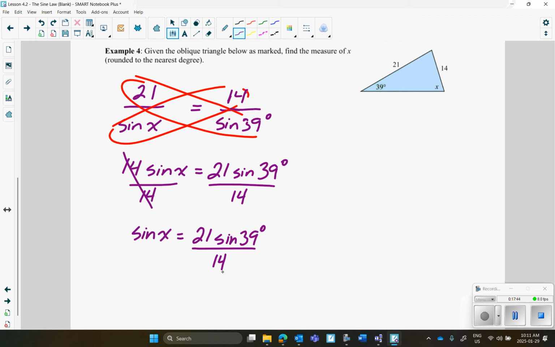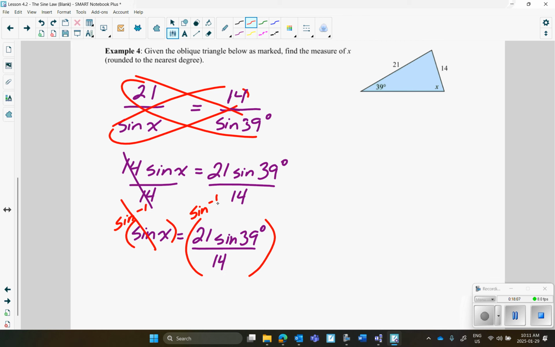How do I get rid of just sine? I'm at my last step. Sine inverse. Which means you've got a sine inverse of this whole side. Again, that's something that you want to practice on your calculator because you may have to put parentheses into yours.